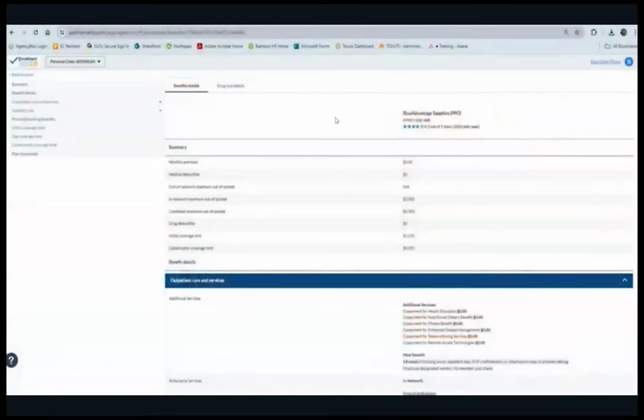So maximum out of pocket, $3,900. So $3,900 worst case, and no premium. And no premium.